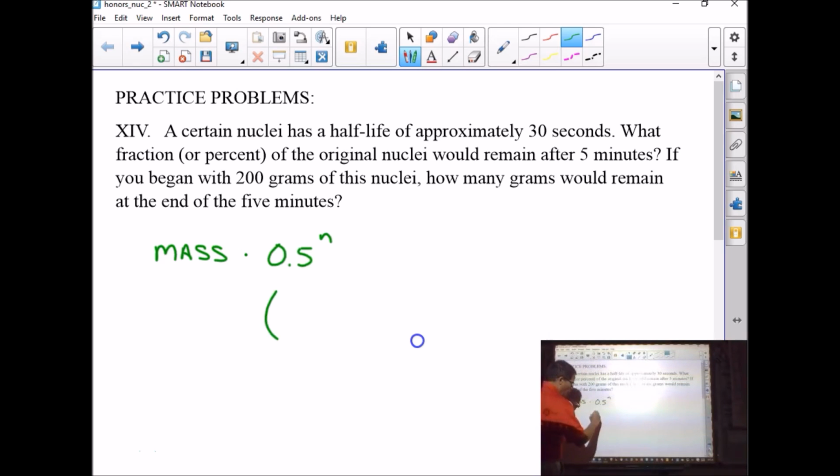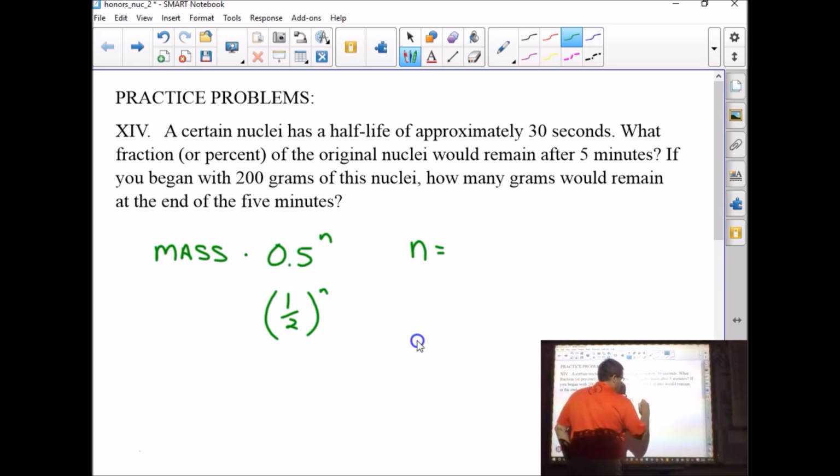Or some of you might want to write it as 1/2 to the n. Okay. Now the n represents the number of half-lives. To determine that, you take the total time and divide it by the half-life amount of time.